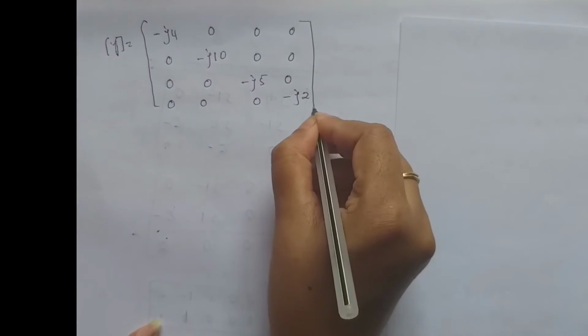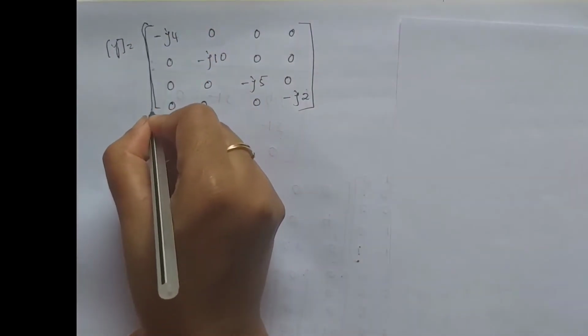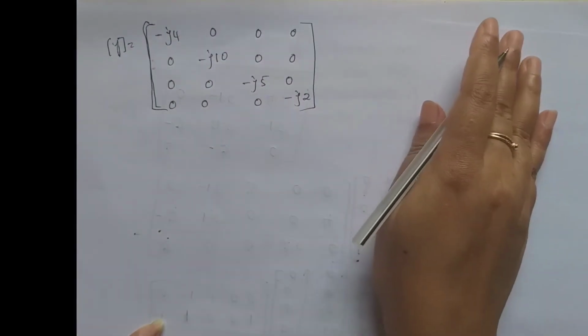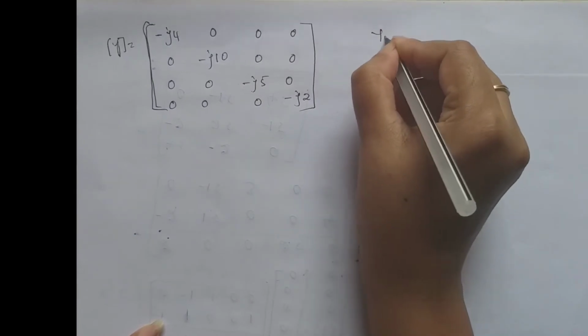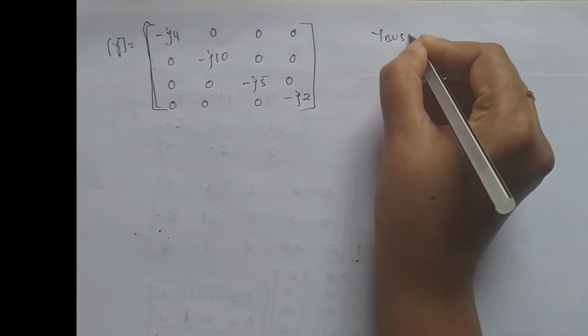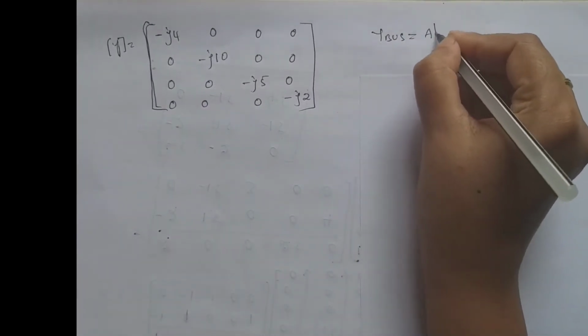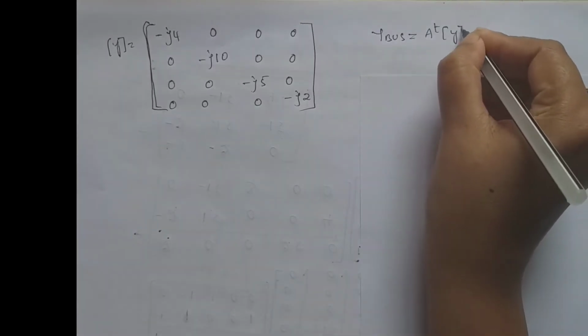This is a self admittance or diagonal matrix, and here Y bus is equal to A transpose Y A.